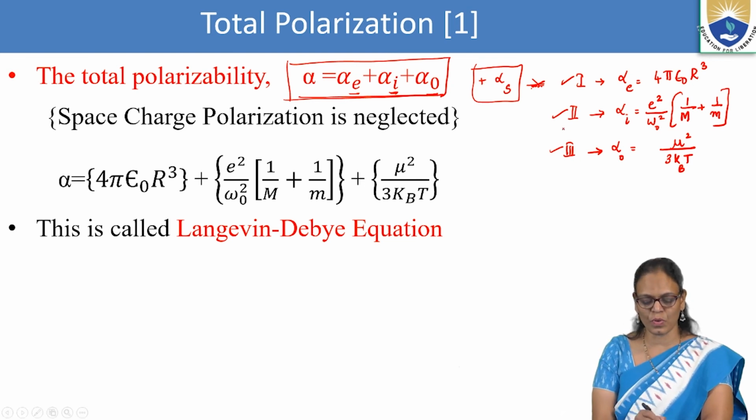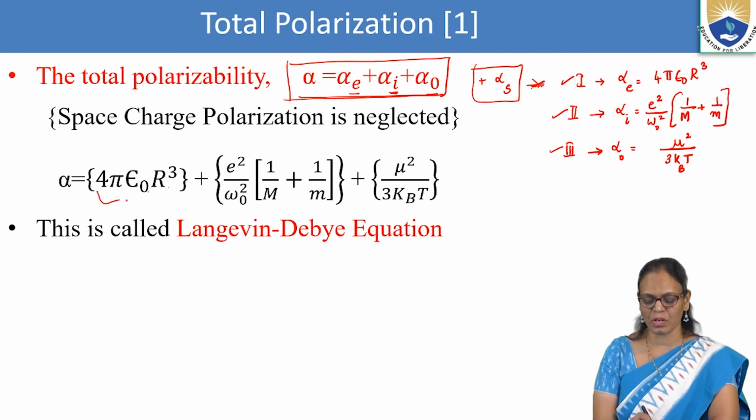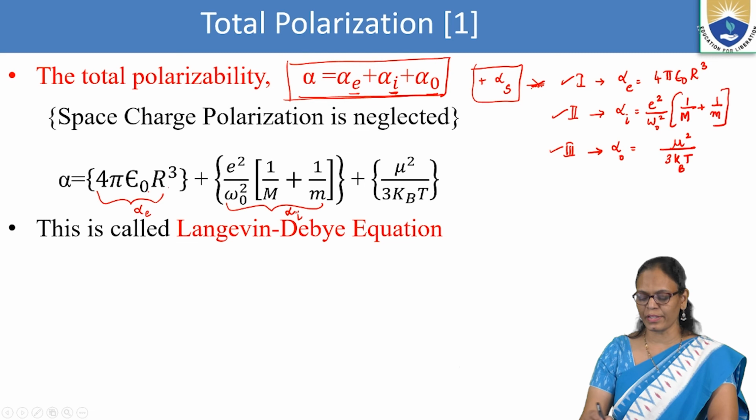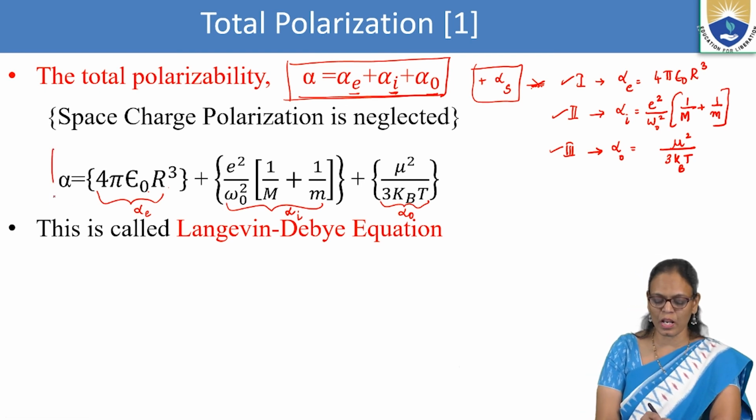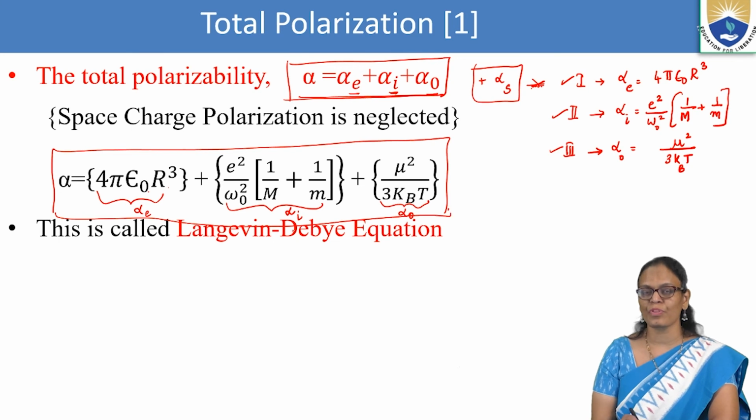When you substitute, you get alpha is equal to 4 pi epsilon naught r cube, this is the contribution from electronic polarization, plus e square by omega naught square, 1 by capital M plus 1 by small m, this is due to ionic, and then we have mu square by 3 kBT, this is due to orientational. So the total polarizability is given by this equation, which we call the Langevin-Debye equation.